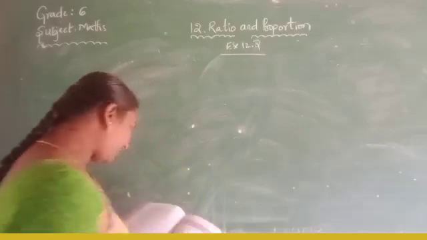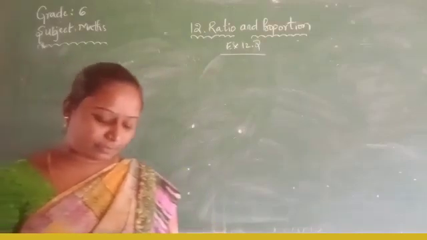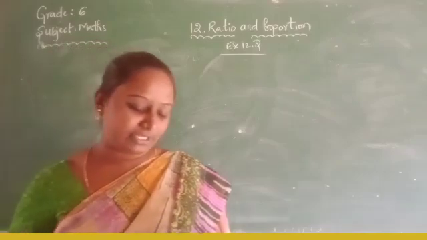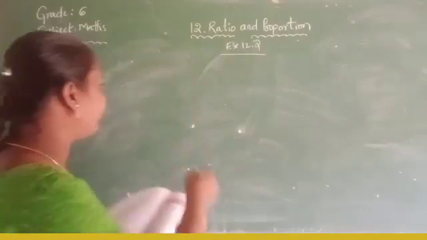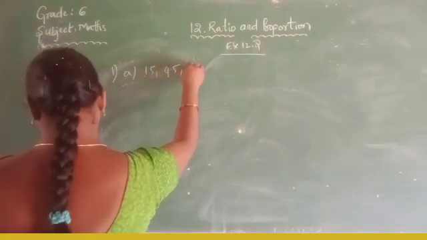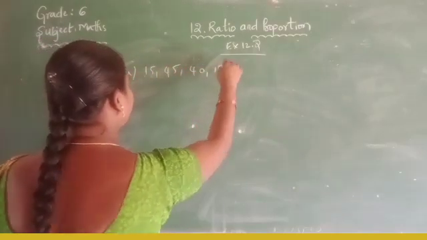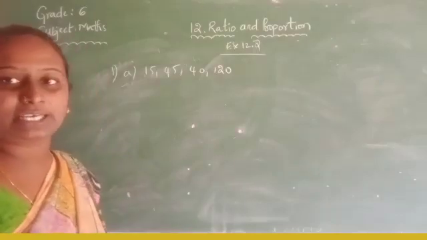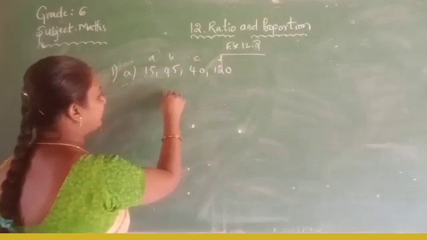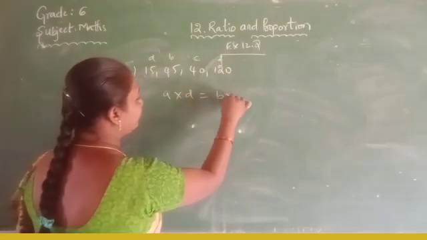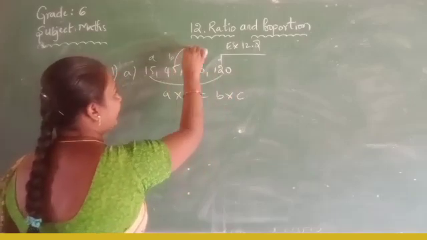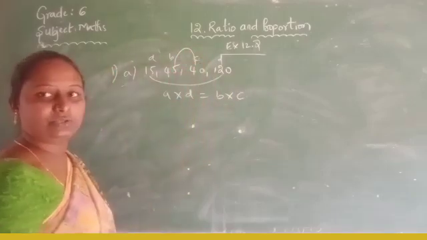Determine if the following are in proportion. Okay children, here the numbers are given. The first one: 15, 45, 40, 120. Are these in proportion or not? Give the terms A, B, C, D. We know that A into D is equal to B into C, the product of first term and last term, and the product of second and third.